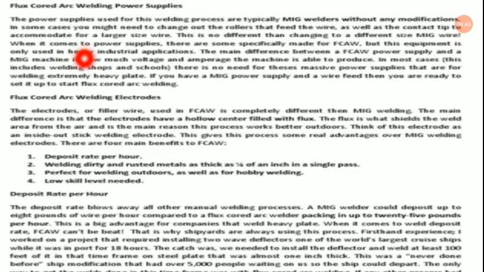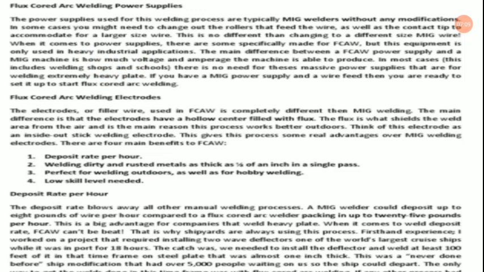When it comes to power supplies, there are some specifically made for FCAW, but this equipment is only used in heavy industrial applications mainly. So we are going to have specific operations which are being carried out by the FCAW process, mainly heavy industrial applications.